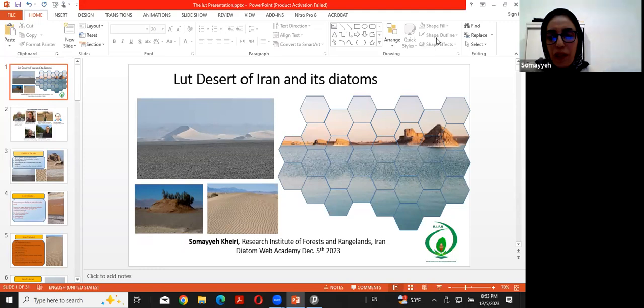It is introduced as a World Heritage site. There are some plans for its conservation, and some scientists started working on other animal life, and they discovered some species from the ponds, and they emphasized the importance of the conservation of this Lut Desert, but I hope we can keep it.